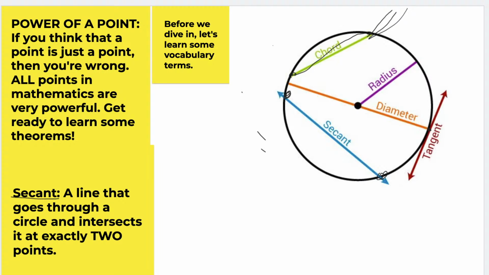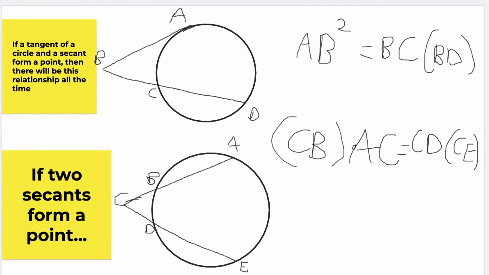So now we're going to go over some relationships of power of a point. If a tangent of a circle and a secant form a point, then there will be this relationship all the time. Pretend we have tangent AB and secant BD.